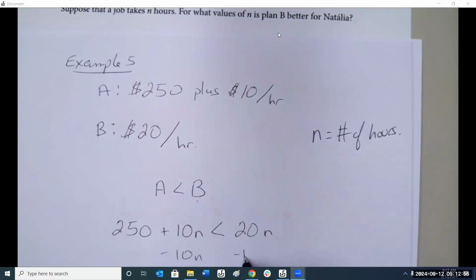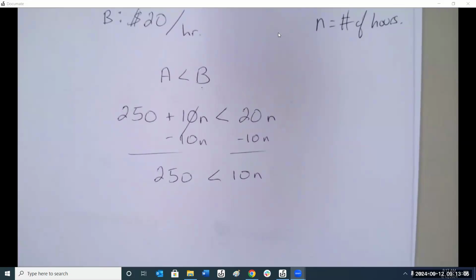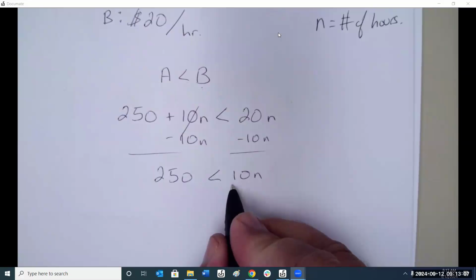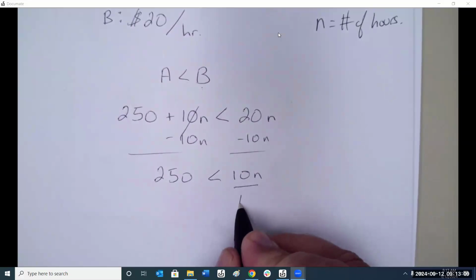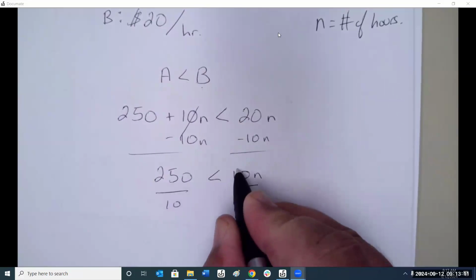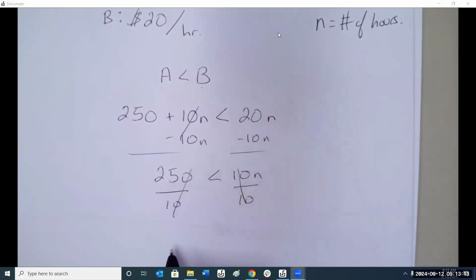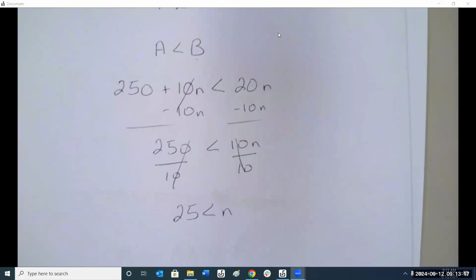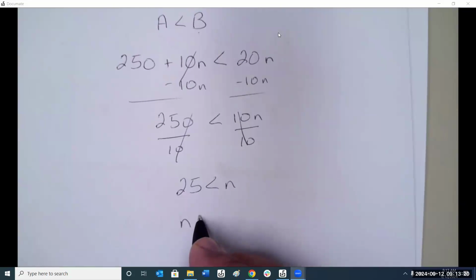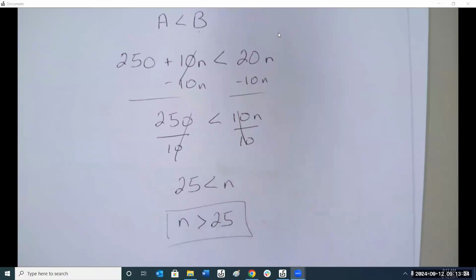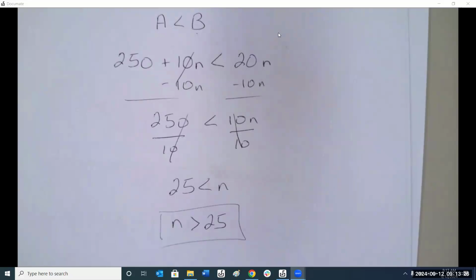So if we subtract 10n from both sides, we get 250 is less than 10n, divide by 10. Those zeros cancel, so we have 25 is less than n. So for any n greater than 25 hours, it's saying that B is better.